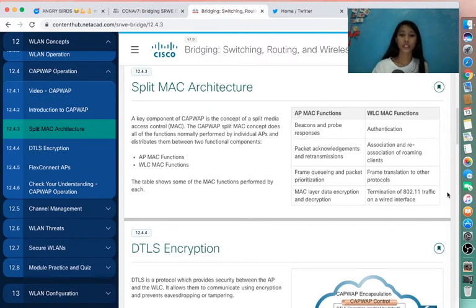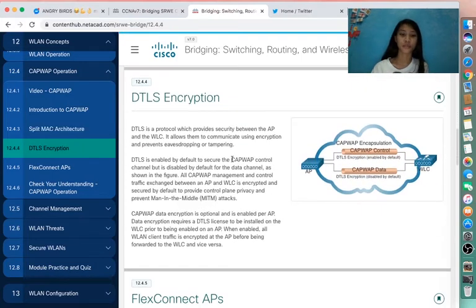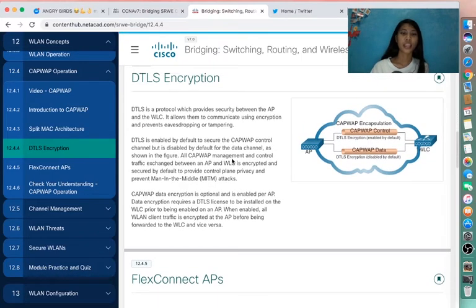Split MAC architecture, AP MAC functions, and WLC MAC functions. DTLS encryption, so we have our AP and WLC, and they have CAPWAP control and CAPWAP data.